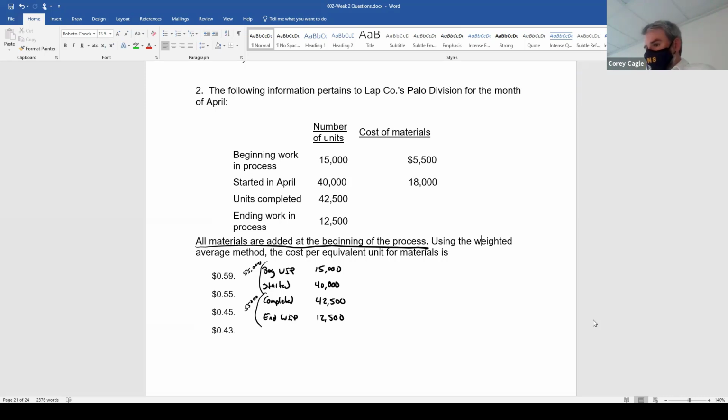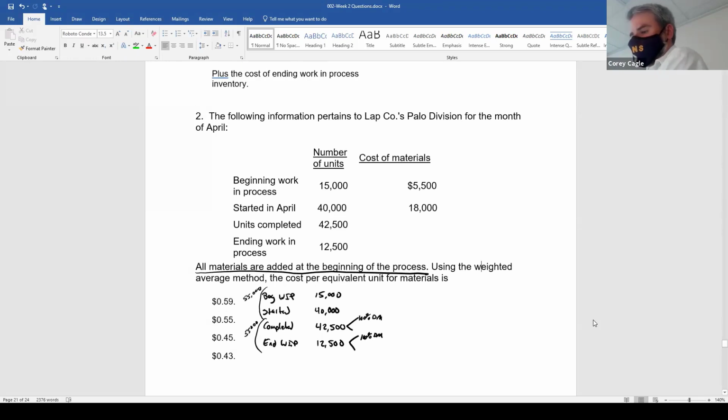You add it right at the beginning. So if it started, it's done. So these completed units are 100% complete on materials. These incomplete units are also 100% on materials. The problem said so. They don't tell us anything about conversion, so we can't really do anything about that. But that's good. They don't ask us a question about it.